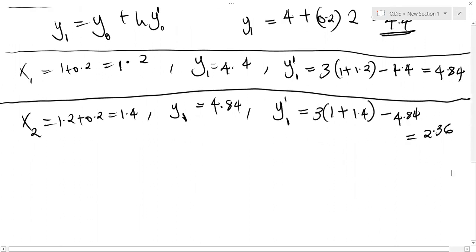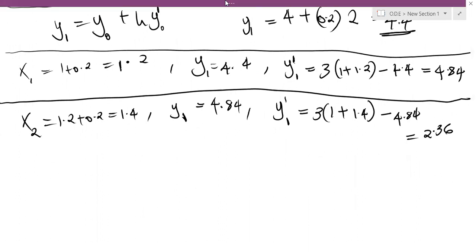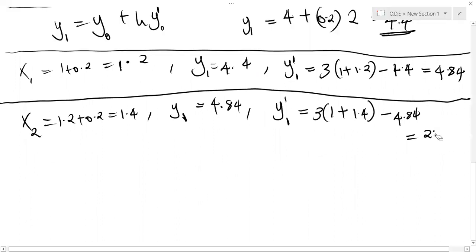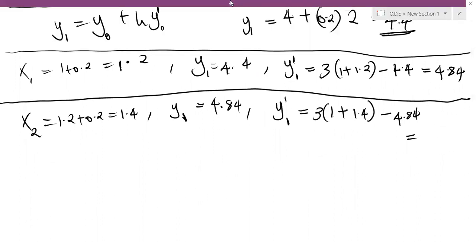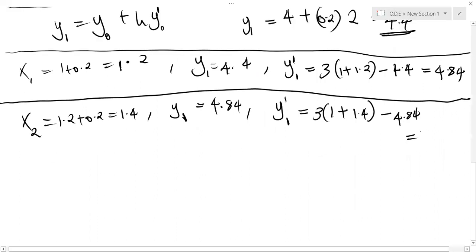Okay, so let me draw the table. Someone says y1 should be 2.2. Okay. So let's have the table. Let's have the value for x naught, our value for y naught, and our value for y prime.